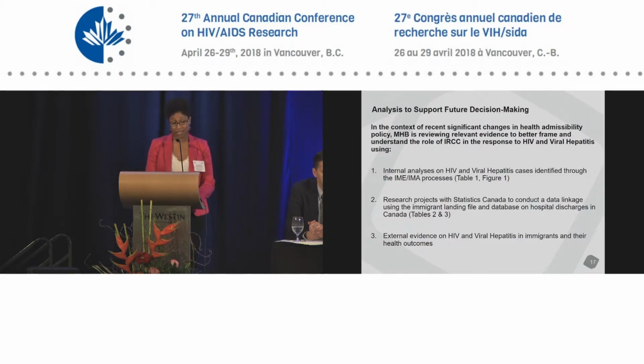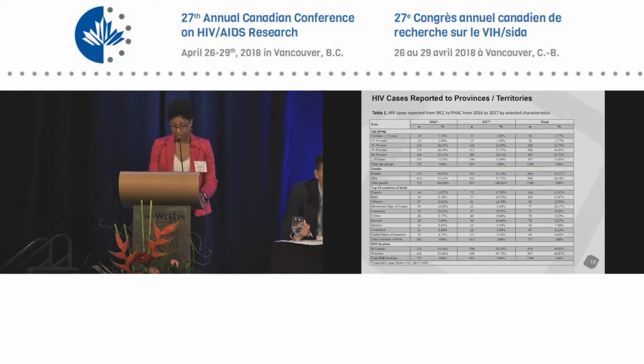Working in the policy sector within Migration Health Branch, there's a lot of thinking around how we can improve current policies. Currently we are reviewing internal analyses that are being conducted, partnering with other government departments such as Statistics Canada, and reviewing the known evidence with regards to HIV and viral hepatitis.